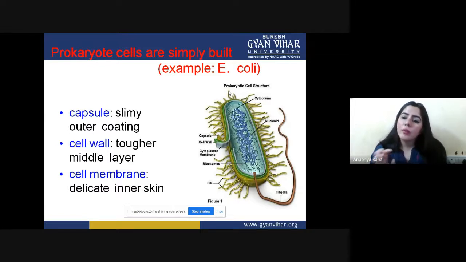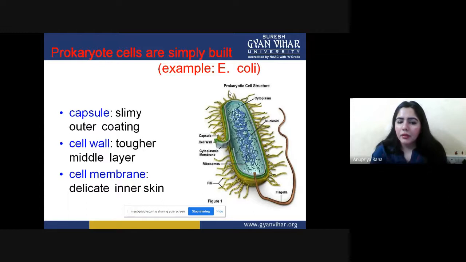So if something has come into that slimy outer region, it cannot penetrate inside the cell wall. After this cell wall, they have the cell membrane. So you can see how their defense mechanism works very appropriately to prevent any kind of damage or harmful effect inside the cell material.